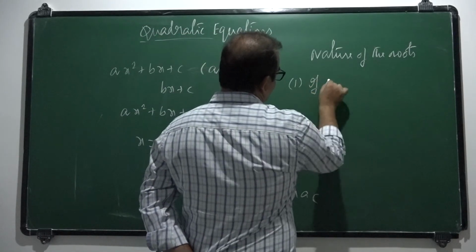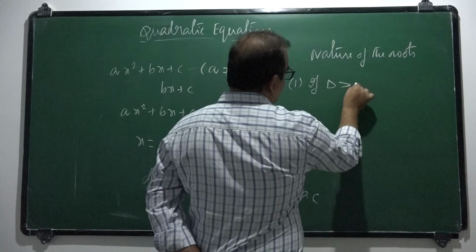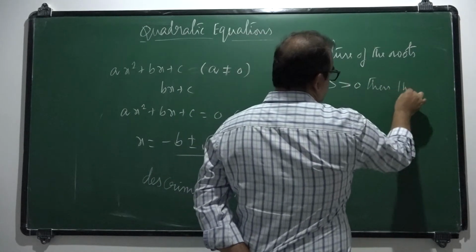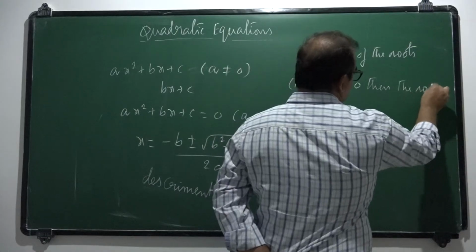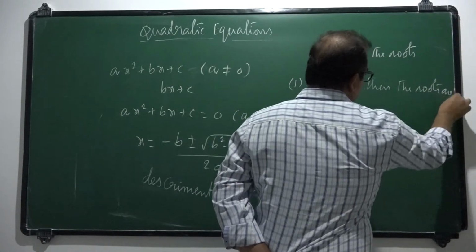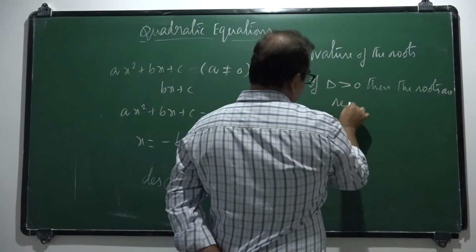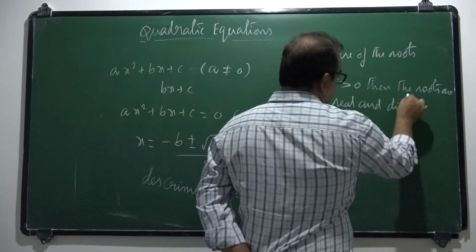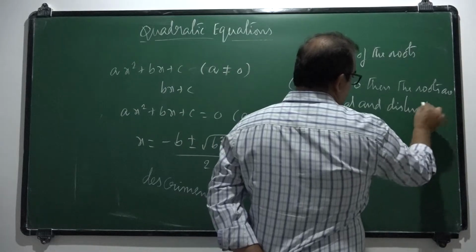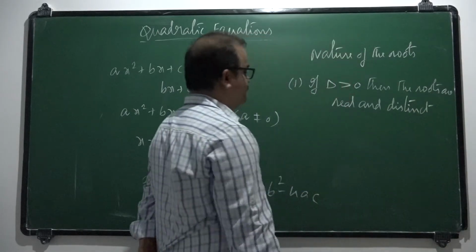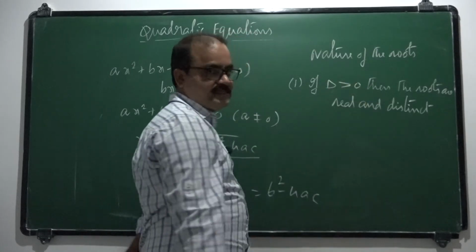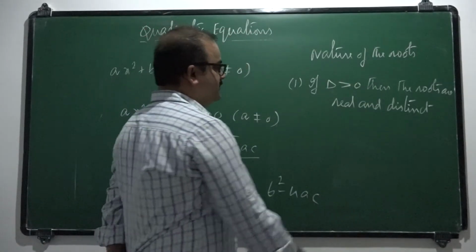If delta greater than 0, then the roots are real and distinct or different. If this delta greater than 0, then the roots are real and distinct.